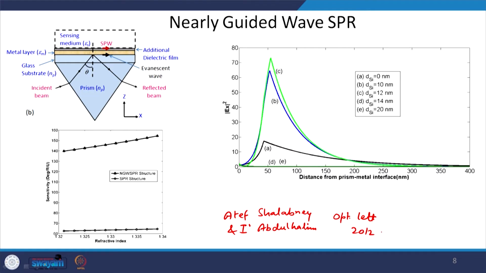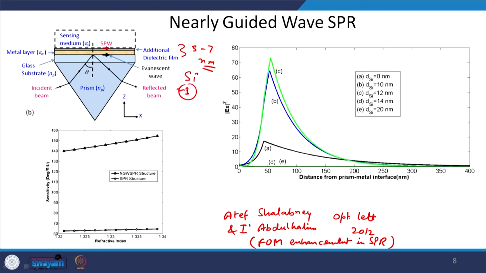You can see the figure of merit, FOM, enhancement in SPR, something like this. So, what they did actually is that on top of the metal layer they put an additional dielectric layer. So, now they did not embed it in the middle, they put it on the top and its thickness is only a few nanometers, say 5 to 7 nanometers, and it has high refractive index. So, they chose silicon which is around 3 refractive index.